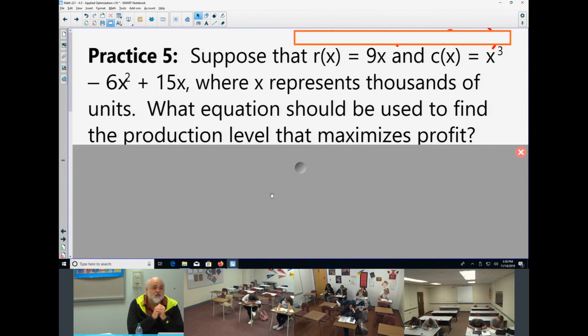Can anyone tell me the equation that I'm going to solve? Would it be P equals R minus C? Well, that would be the profit. That would tell us what the profit is. I want to maximize the profit. So what I want to do is have R prime equal to C prime. What's the derivative of R? 9.